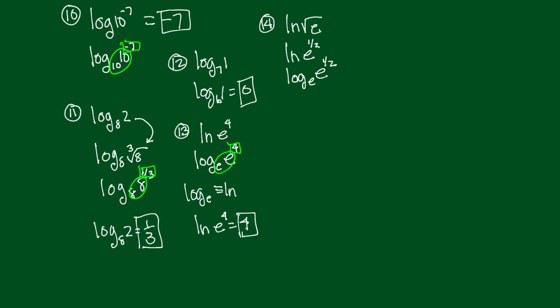Now I've got these bases matching, so there is the value, that exponent. So I'm going to say that the natural log of the square root of e is equal to 1/2.